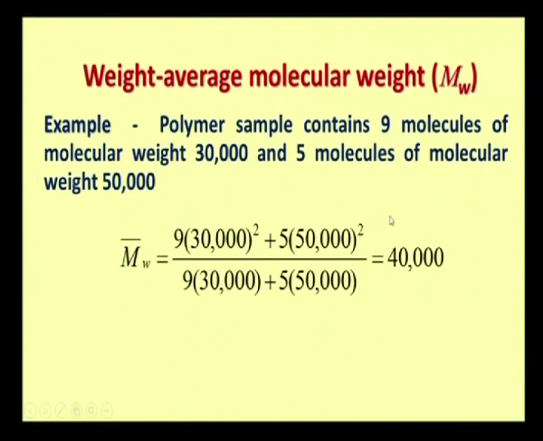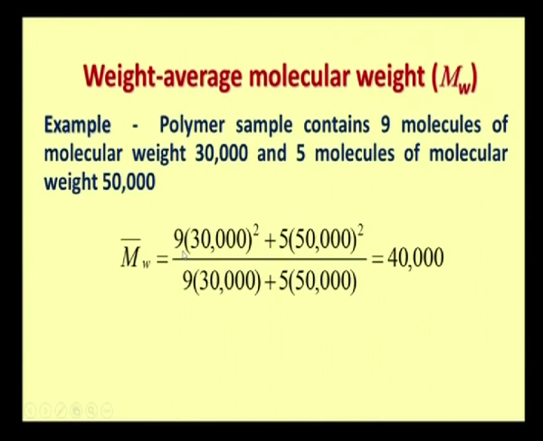Similarly, let us do the same illustration for calculating the weight average molecular weight. In the case of an example where the polymer sample contains the same 9 molecules of molecular weight 30,000 and 5 molecules of molecular weight 50,000, MW bar is given by sigma NiMi square by sigma NiMi.